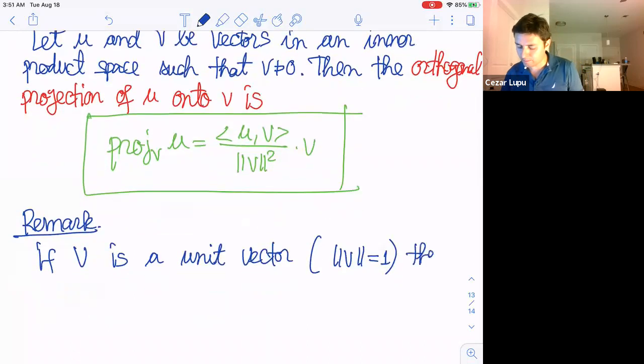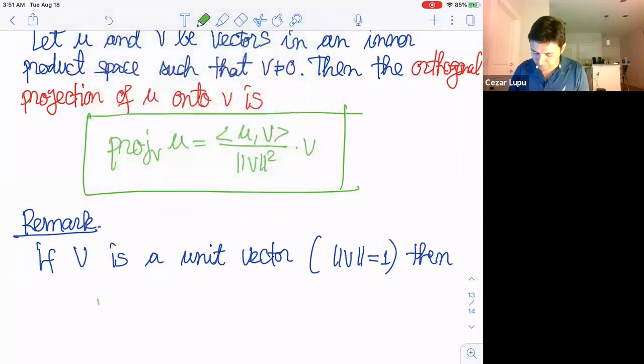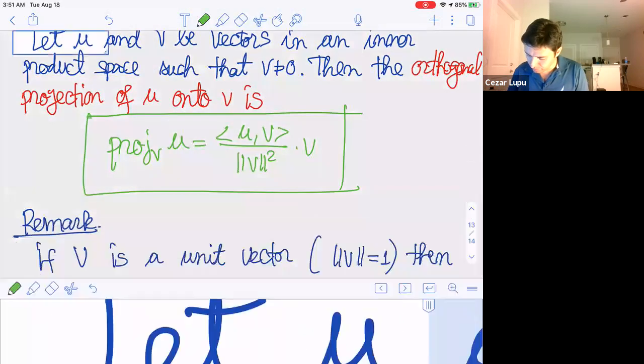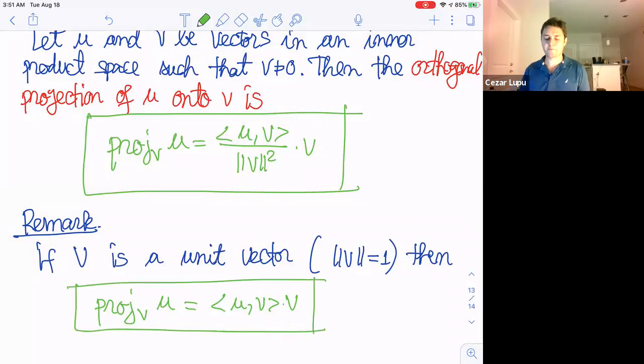And then the projection formula will have a simple form. The projection of U onto V, where V is a unit vector, will be nothing else than just the inner product between U and V times V. That's the formula, right?